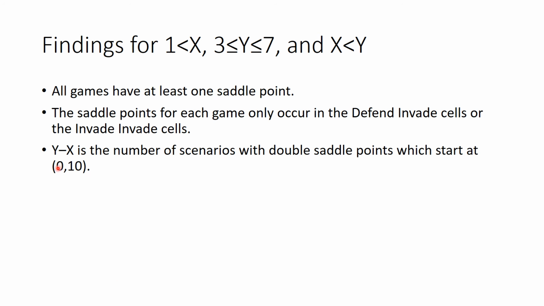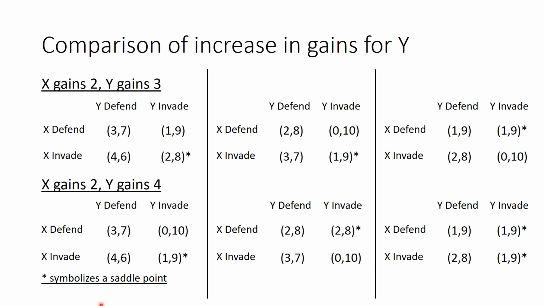Third, the difference in Y's gains and X's gains is the number of scenarios with double SATA points, which start at 0-10. If we were to look at the gains for Y and X and subtract them, 3 minus 2 would be 1.